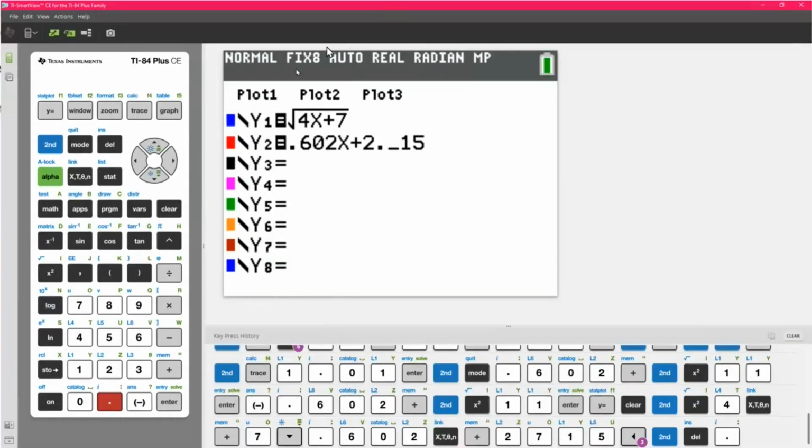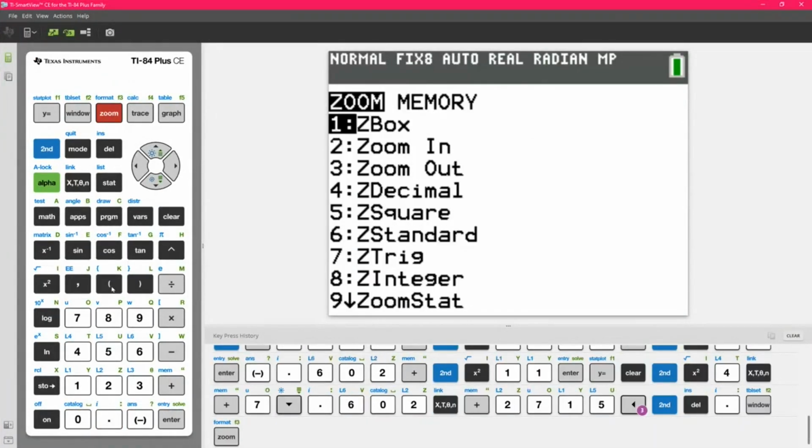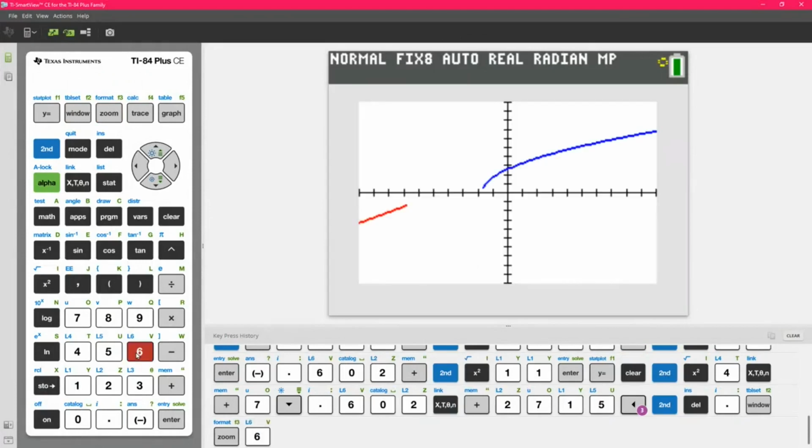And let's adjust the window. I'm going to hit zoom 6 to get to that standard viewing window. What you see here, the graph in blue, is our graph of the square root of 4x plus 7. And the graph in red is the equation of our secant line.